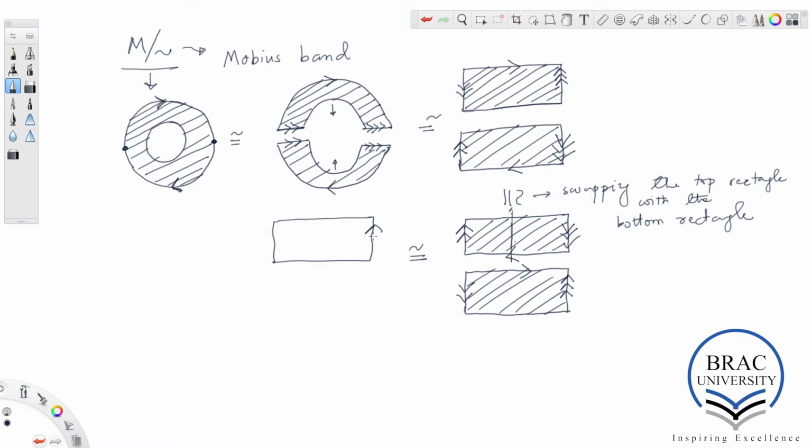So the left edge now becomes the right edge, and the right edge now becomes the left edge of the top rectangle, right? And the orientation is also reversed. So this is the top rectangle, and the bottom rectangle stays the same.